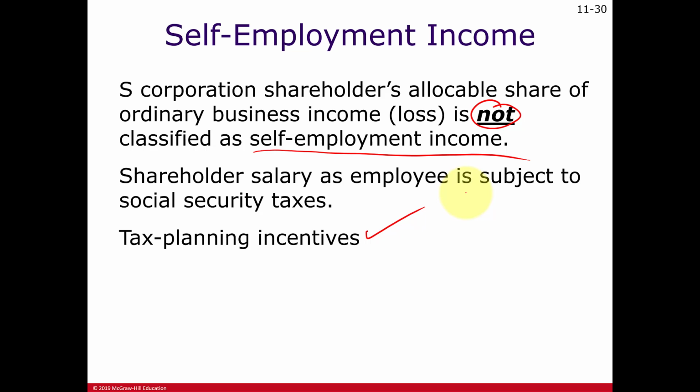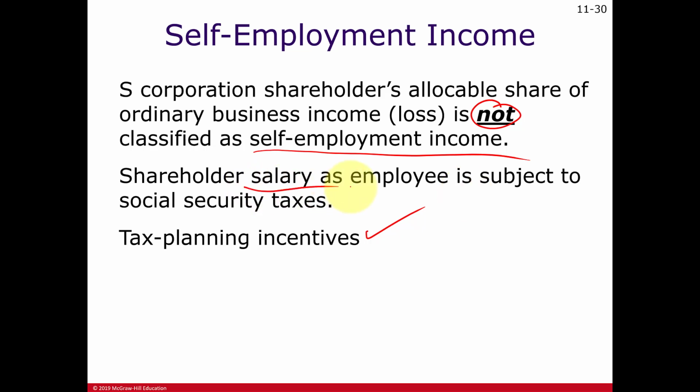It's quite common for S corporations to do this, but you have to be careful because you have to pay the shareholder, if they're a hard-working employee of the corporation, a fair salary.